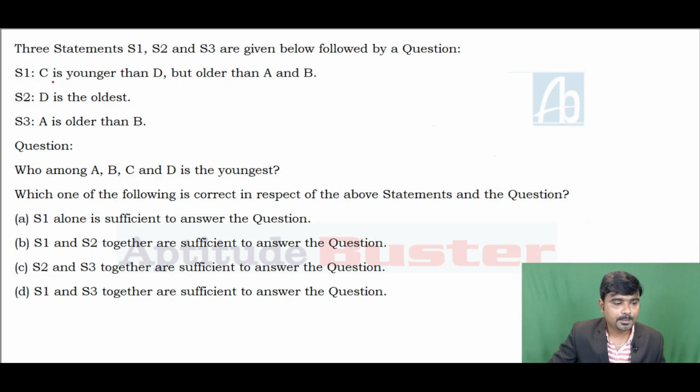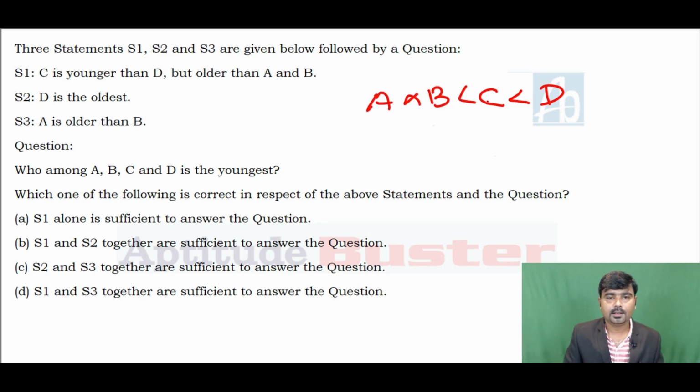Read the first statement. C is younger than D, but older than A and B. So it is older than A and B. To find out the youngest, D is not youngest, C is not youngest, right? Either A or B is the youngest.